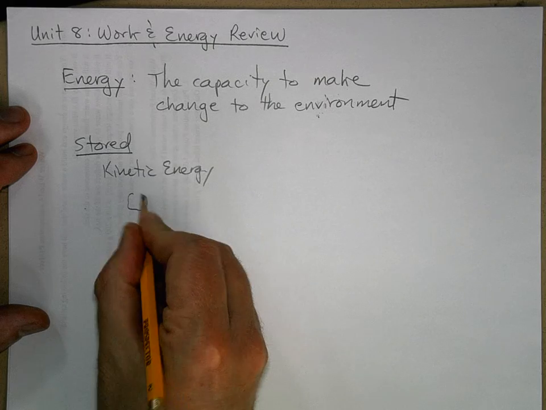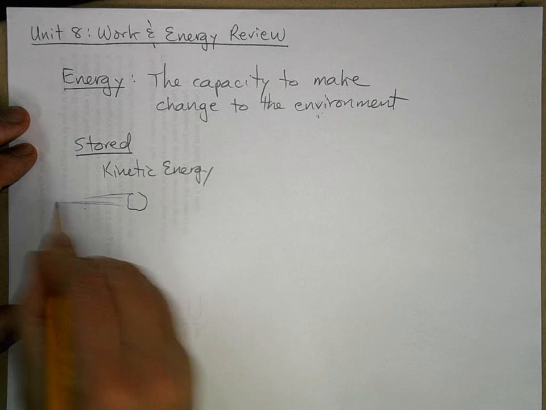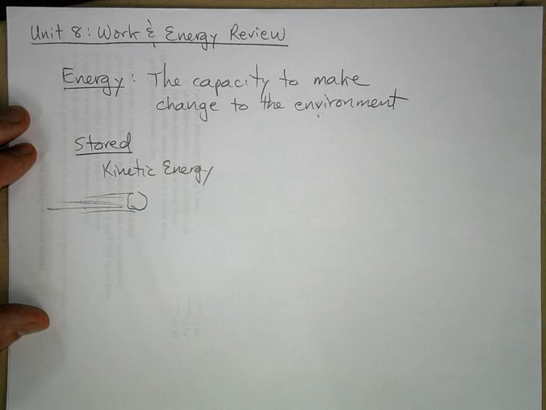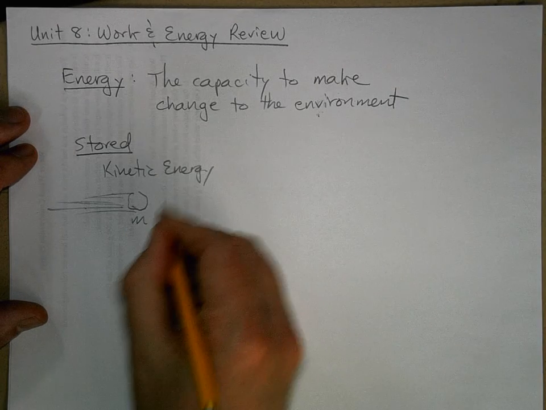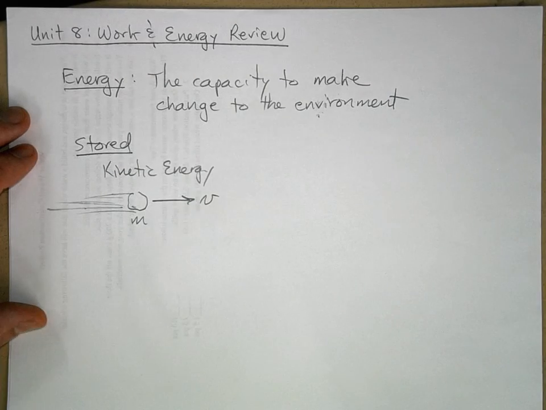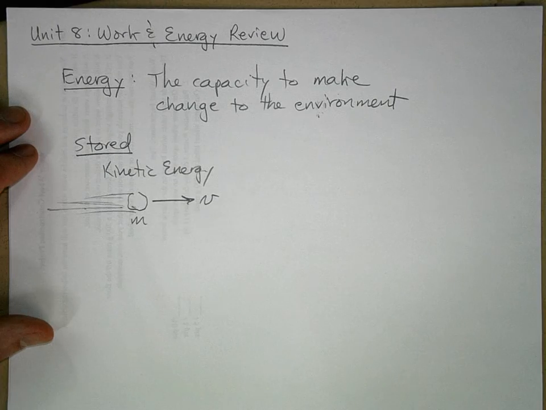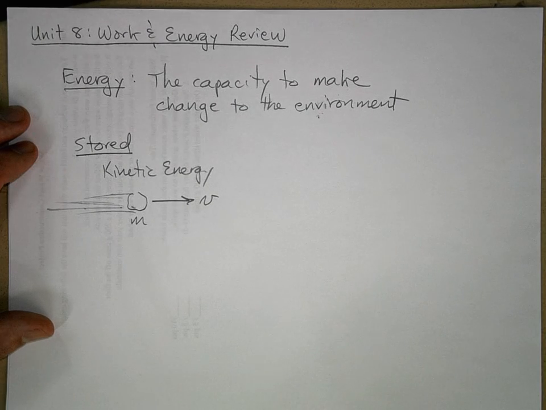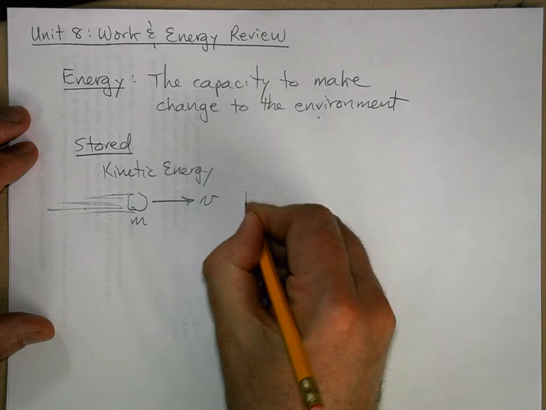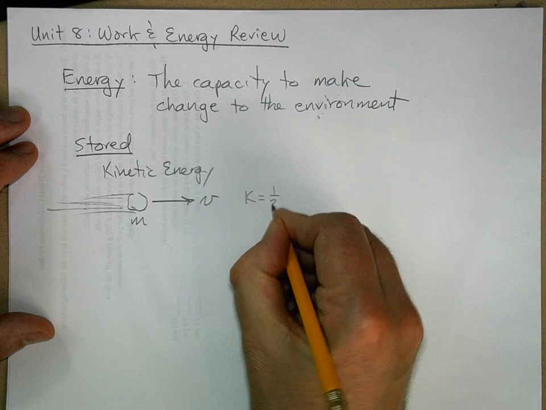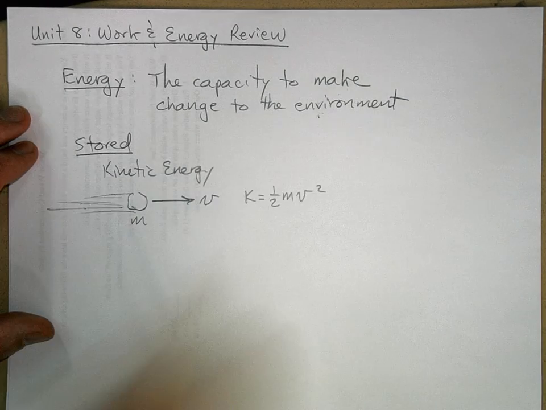So here we have like a rock, and maybe you've thrown a rock or something. Or maybe this is a comet flying through space. Doesn't matter. It has mass, and it's moving, at least with respect to some observer, and therefore it has kinetic energy. And we derived an equation for kinetic energy. K equals 1/2 the mass times the velocity squared.